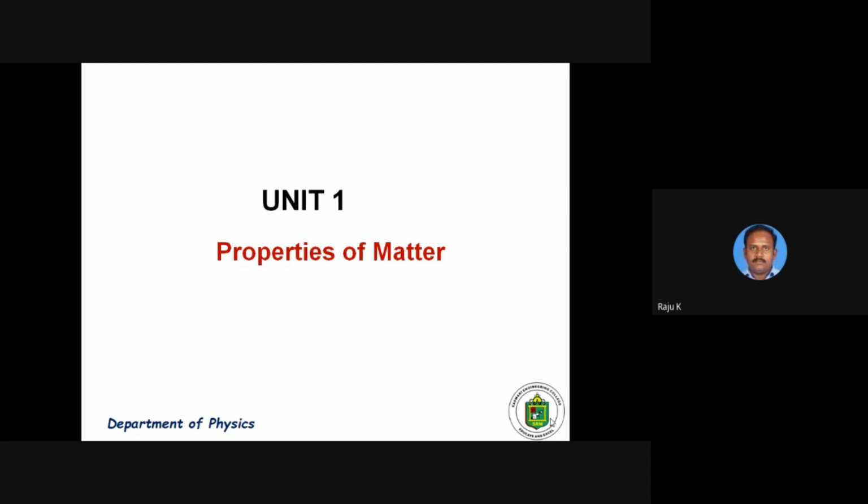So, in order to find suitable materials for a particular application, first we should know the basic properties of the material. In the mechanical properties, we are going to study the elasticity property of the material. By knowing the basic concept of elasticity, we can understand whether the material can withstand high load or high pressure or not.